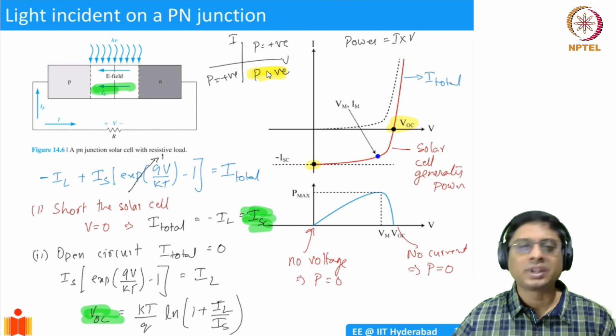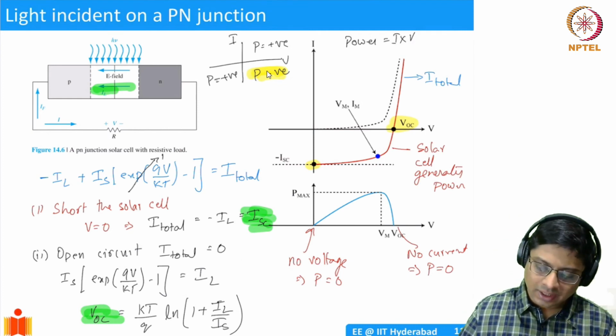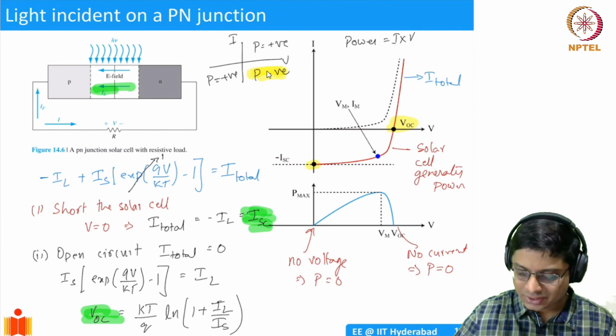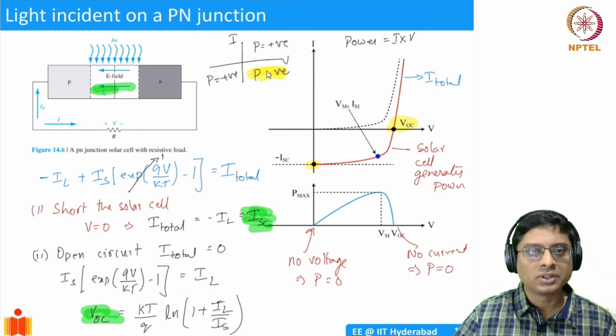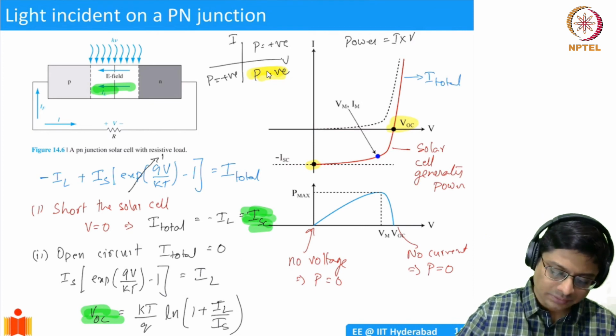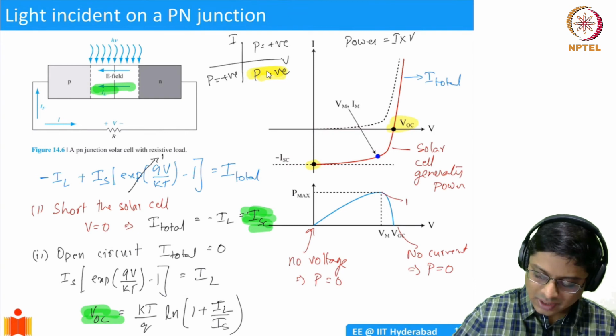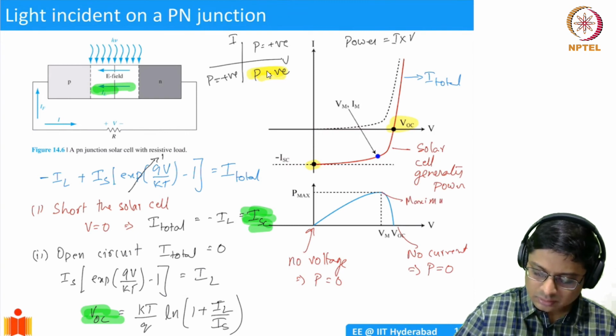Between these two extrema, you can have non-zero power, okay? And there will be some voltage at which the power is going to be maximum, and we call it the maximum power point.